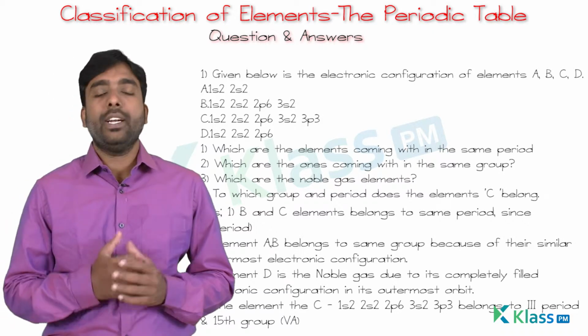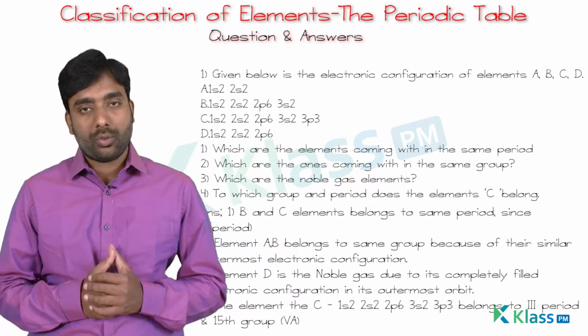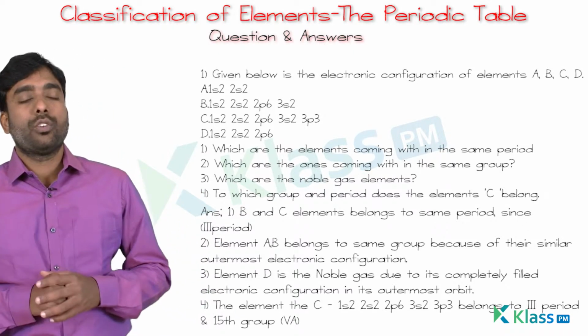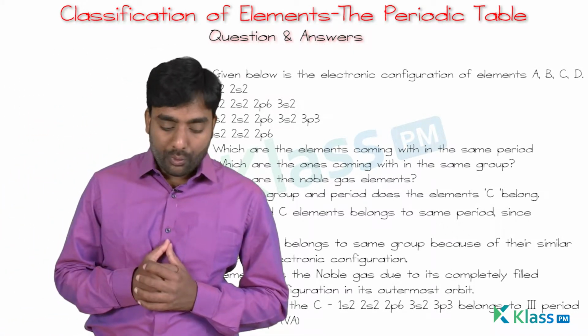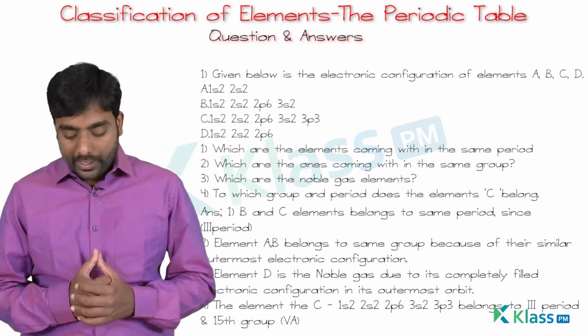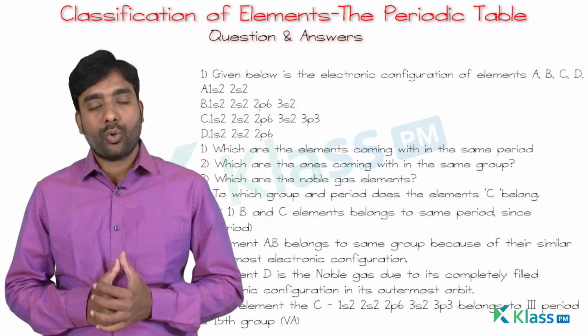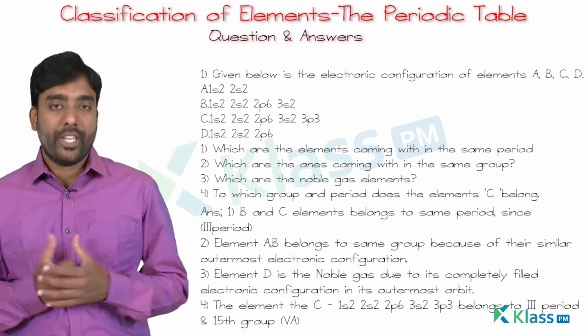First A, it is 1s2, 2s2. So there are 4 electrons, so its atomic number is 4. Which element has atomic number 4? It is beryllium. Second, 1s2, 2s2, 2p6, 3s2, there are 12 electrons in that, so it is magnesium.